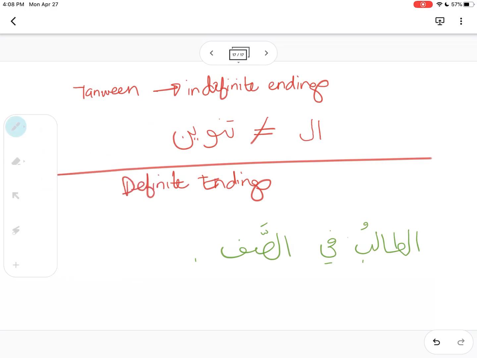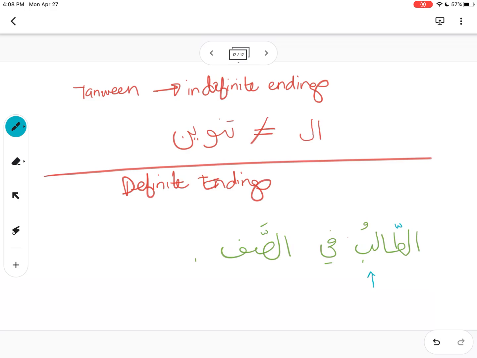You have the word الطالب. Remember, ta is harf shamsi, so shadda, don't pronounce the lam. الطالب. Normally we would just end, if there's nothing on the ba, we would just say الطالب. But if you have a haraka on the last letter, all you have to do is pronounce it.